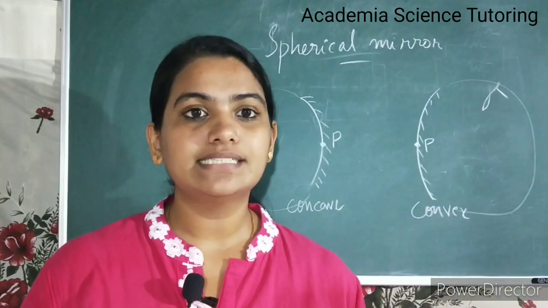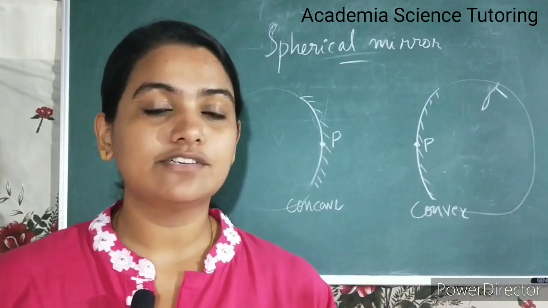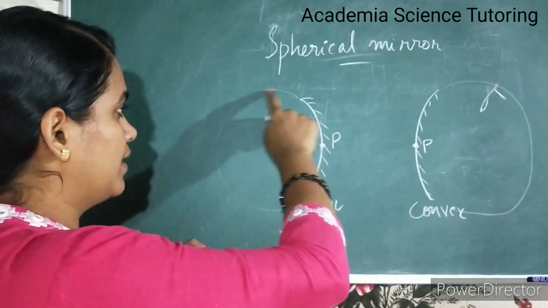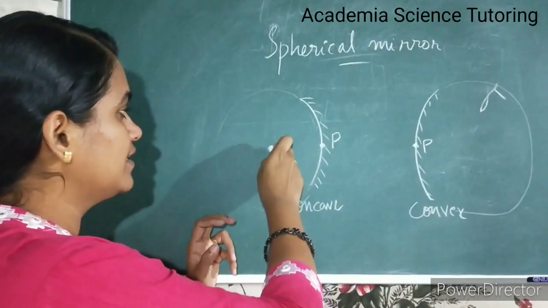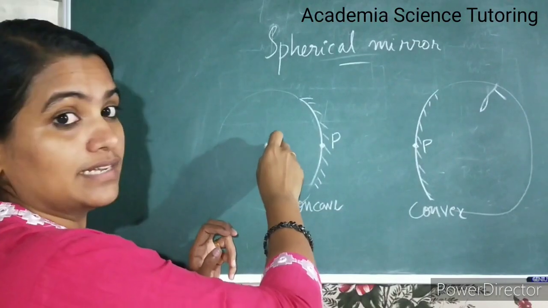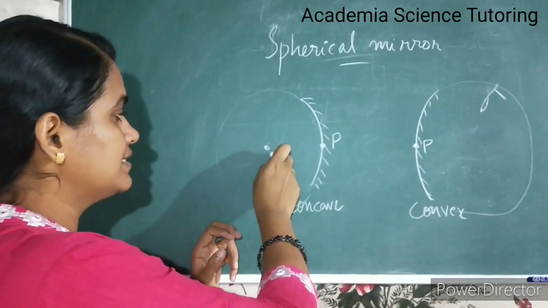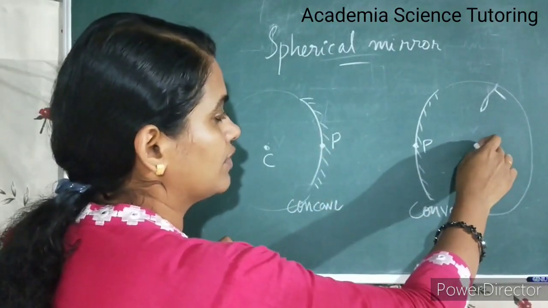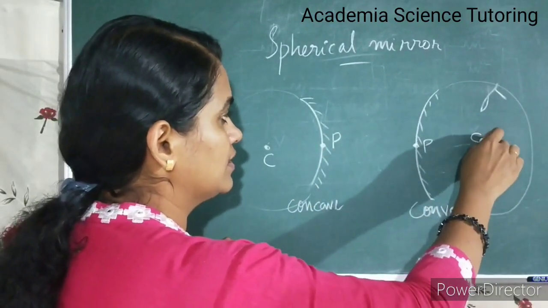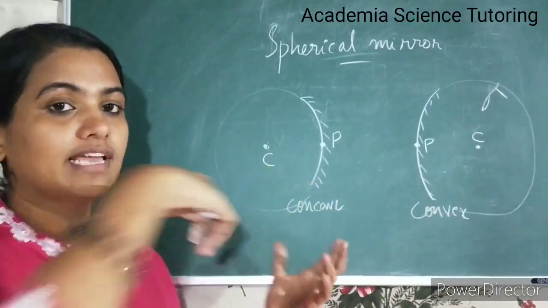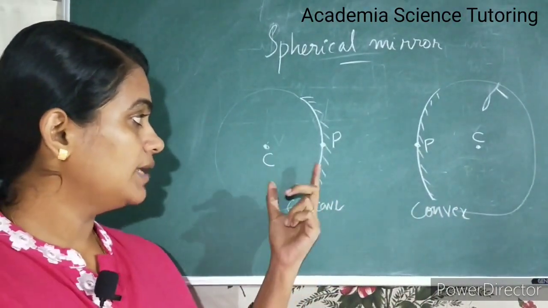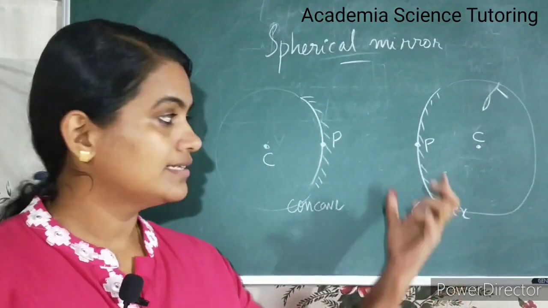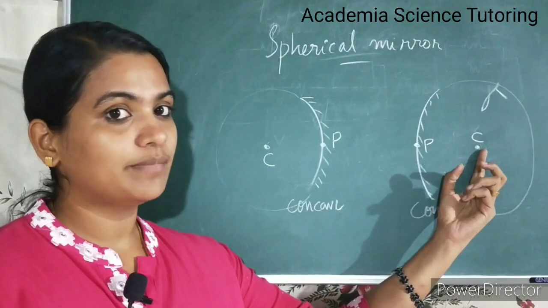Next one is the center of curvature. What is the center of curvature? If we consider this mirror as a part of a sphere, then this sphere has a center, right? So this is the center of curvature C of this mirror. Here this one will be the center of curvature C. For a concave mirror, the center of curvature will be in front of the mirror, whereas for a convex mirror, the center of curvature will be behind the mirror.